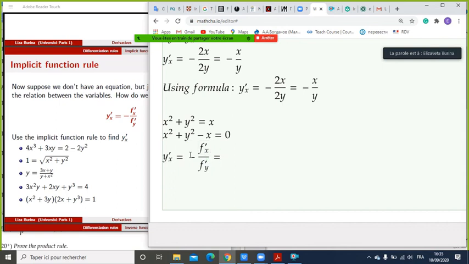So that will be minus the fraction with respect to x. Now what we have is 2x minus 1 because we have this part, and with respect to y we still have 2y. So it will be like that.